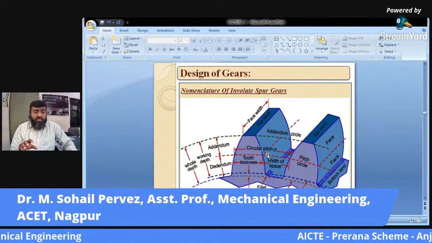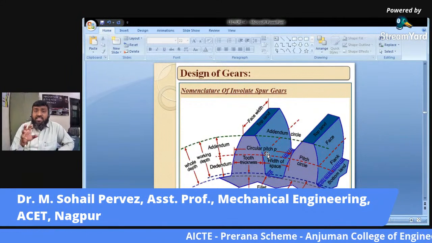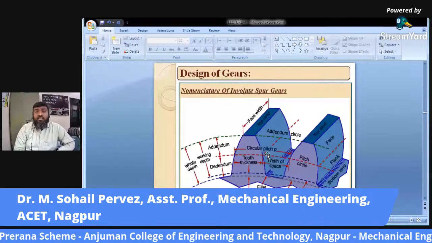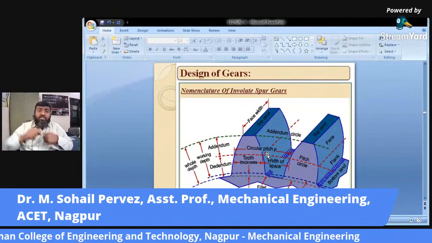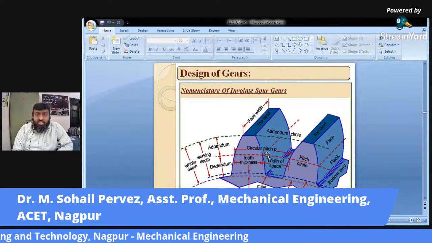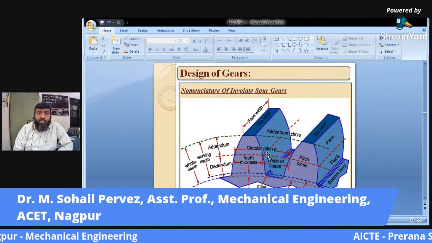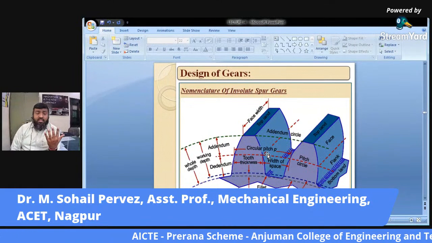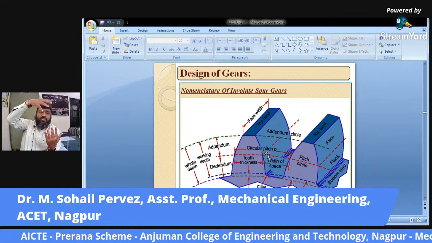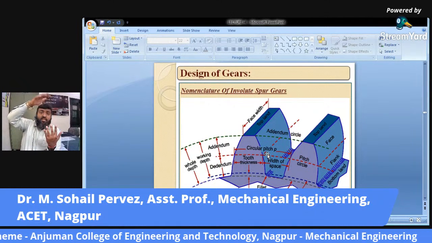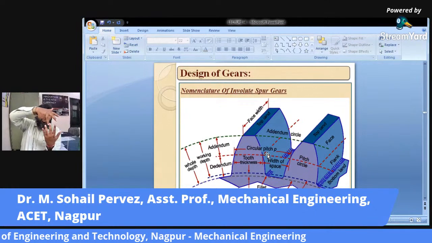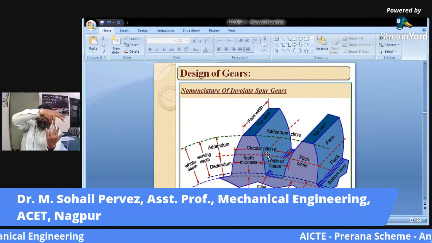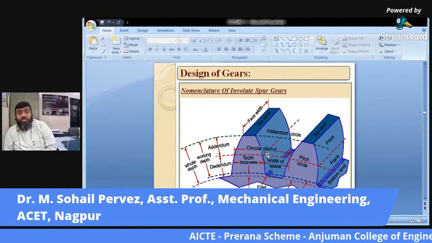Now, when we want to design based on static loading, we have to consider the tangential tooth load on the gear tooth. If this is the driven part and this is the driving part, and the driving part is trying to rotate the driven part, then obviously it will apply some force, and that force is nothing but the tangential force.